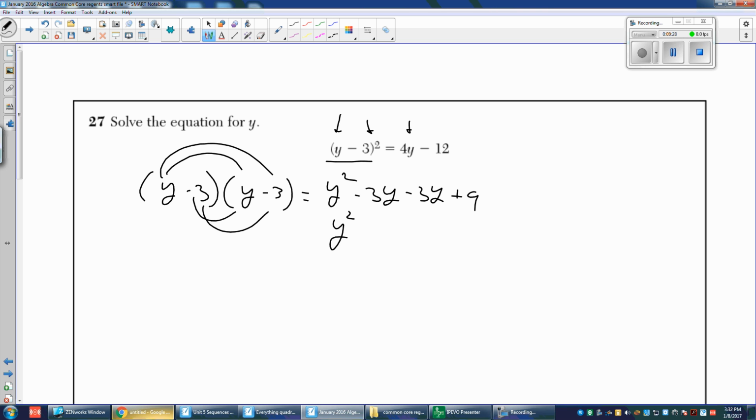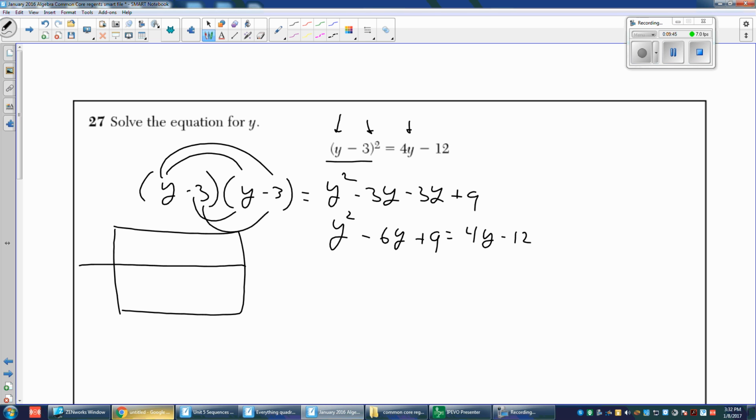Combining like terms, we have y squared minus 6y plus 9 equals 4y minus 12. If you don't understand the rainbow method, we can use the area model. You put y minus 3 and y minus 3. y times -3 goes in there, negative 3y. y times y goes in here, y squared.